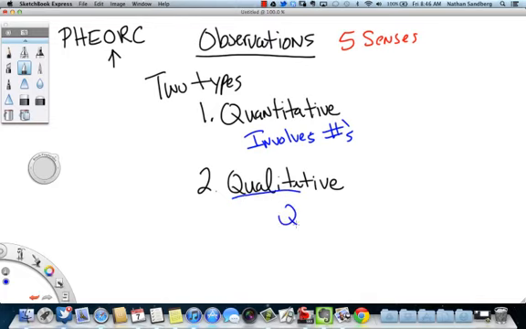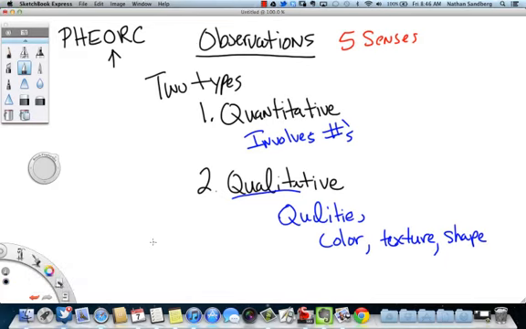Qualities like color, texture, shape, those are all qualities. They don't involve numbers. We don't count color.